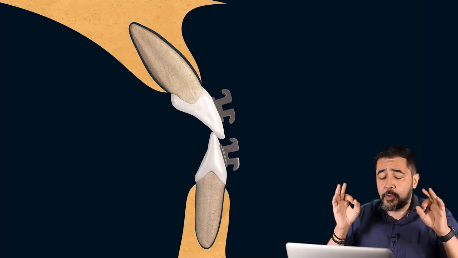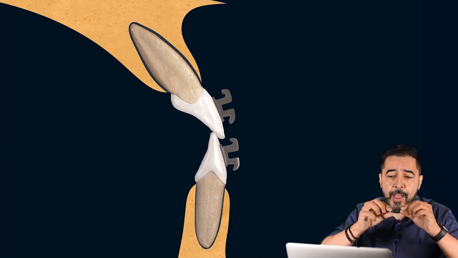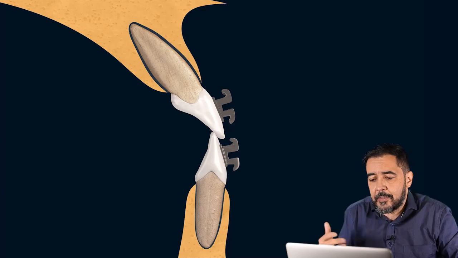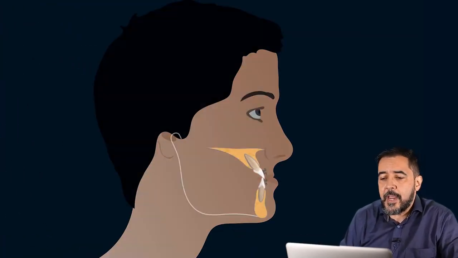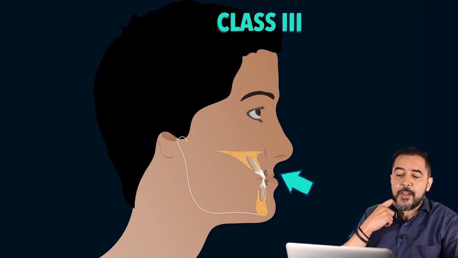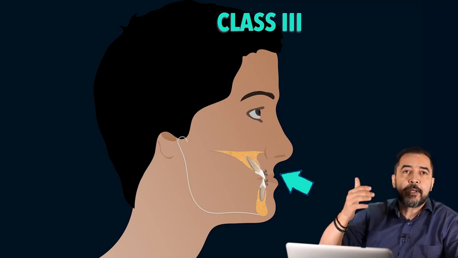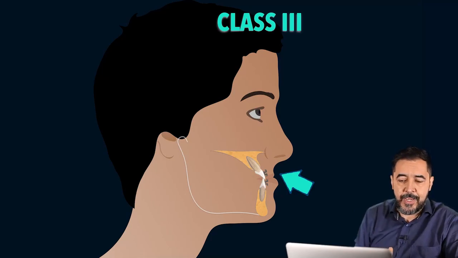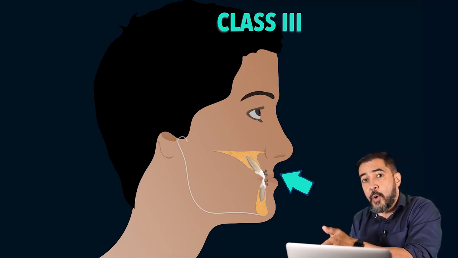They don't have couples because they are round. They don't have those edges, and they can't generate couples. So in this case now, I have this class 3 patient, and I'm not doing pre-treatment for surgery. I'm not preparing this patient for surgery. I'm doing a compensatory treatment.